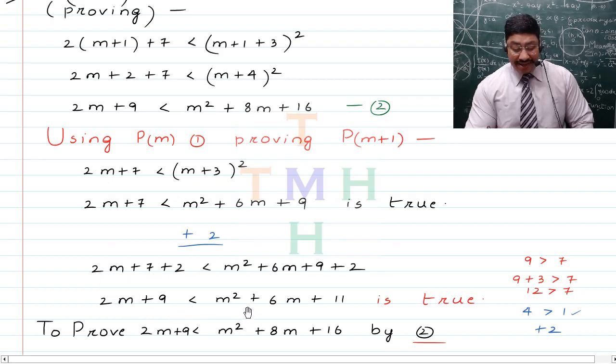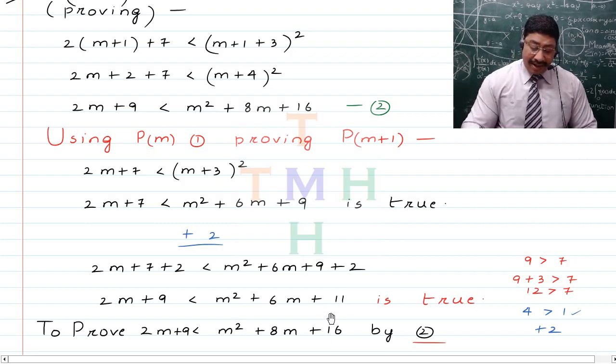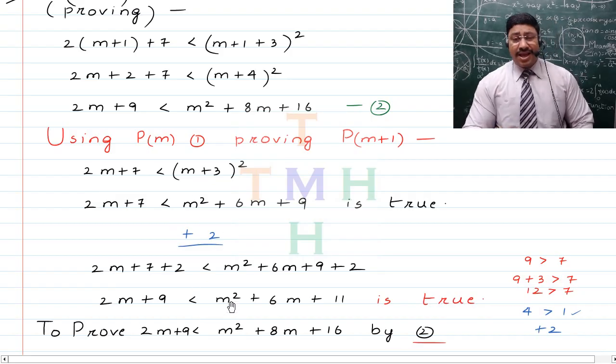And on the right hand side we will have m square plus 6m plus 9, to which when 2 is added it will become 11, as 9 and 2 are like terms, right? Now as Pm was true, to which when you added 2 it should still remain an inequality which is true, and as such we'll have this statement to be true.